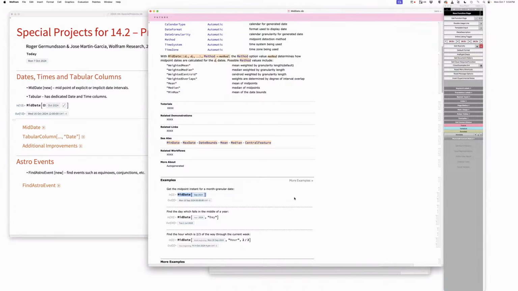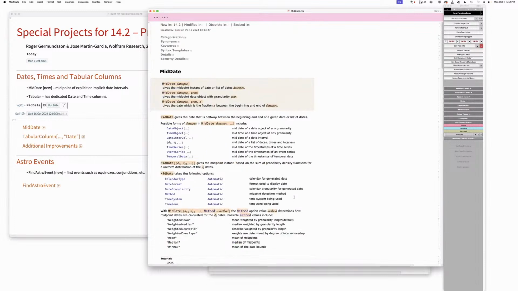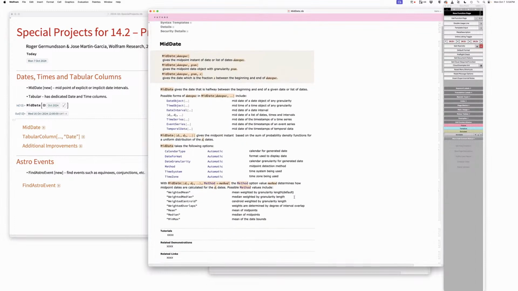Okay. So the question I have is about the naming convention we've come up with for the method option. Jose and I are pretty happy with it, but I wanted to run it by you. Generally, the weighted prefix means we are taking into account granularity, and generally the length of the granularity. So in other words, if there's a whole day, the whole weight of that whole day, right?